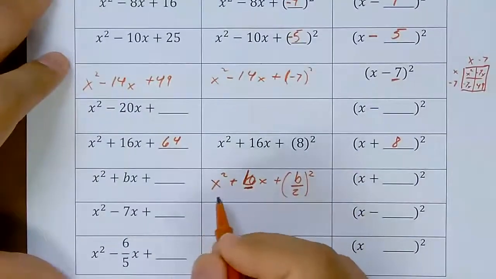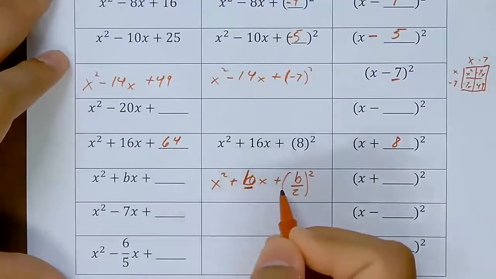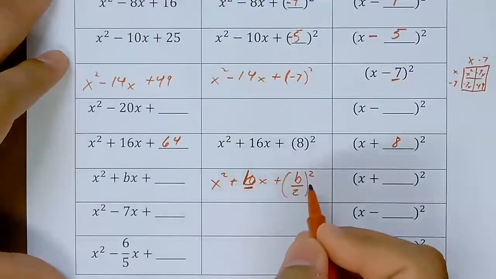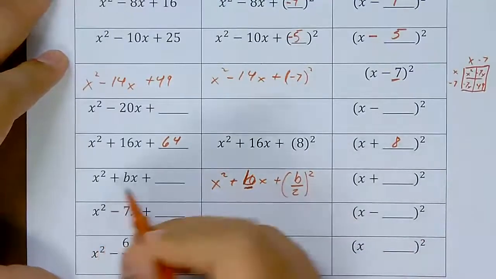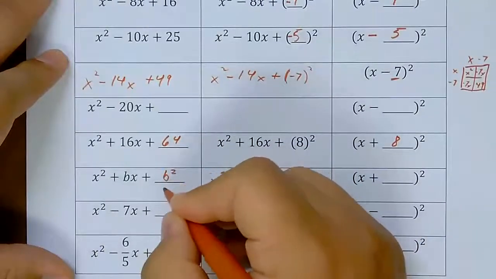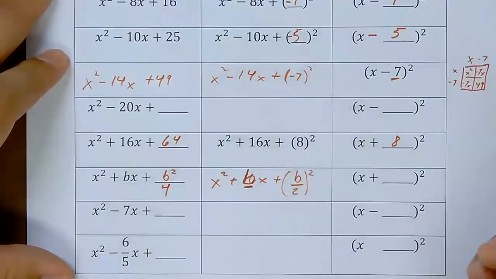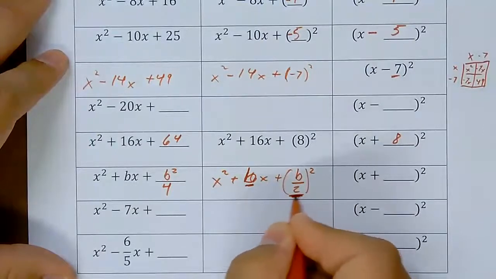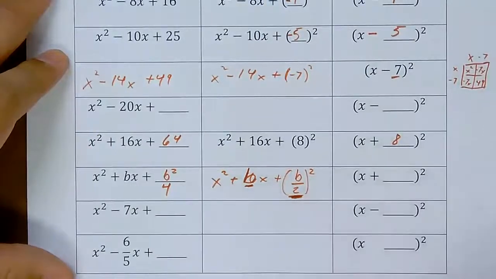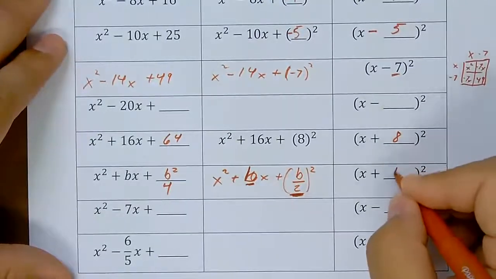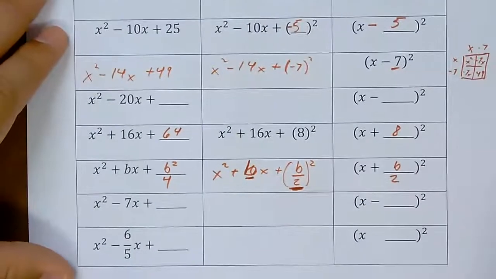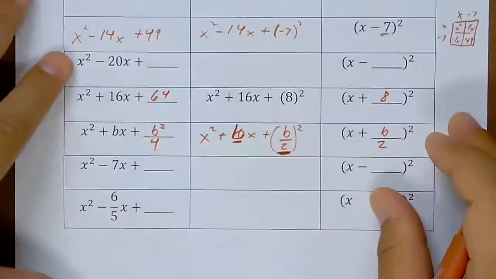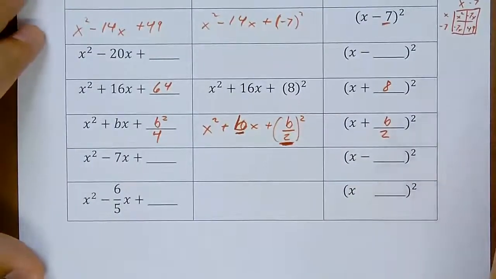With x squared plus bx plus b over 2 squared, what does that look like in our trinomial? That's going to be b squared over 4. But it's this little number inside these tiny parentheses that's going into our binomial. It's going to be x plus b over 2 squared.